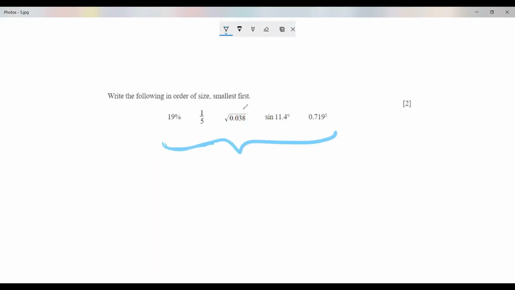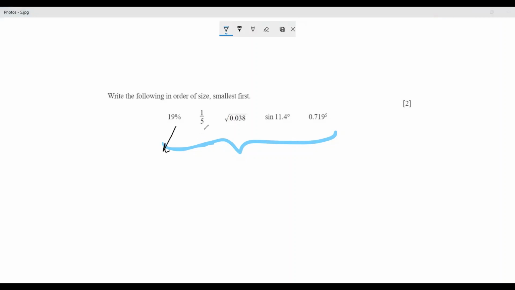You have to use your calculator to obtain these numbers, and I suggest you go up to 3 dp. Usually up to 3 dp should be enough for you to distinguish between these values, because up to 2 dp, usually some of them have the same value.